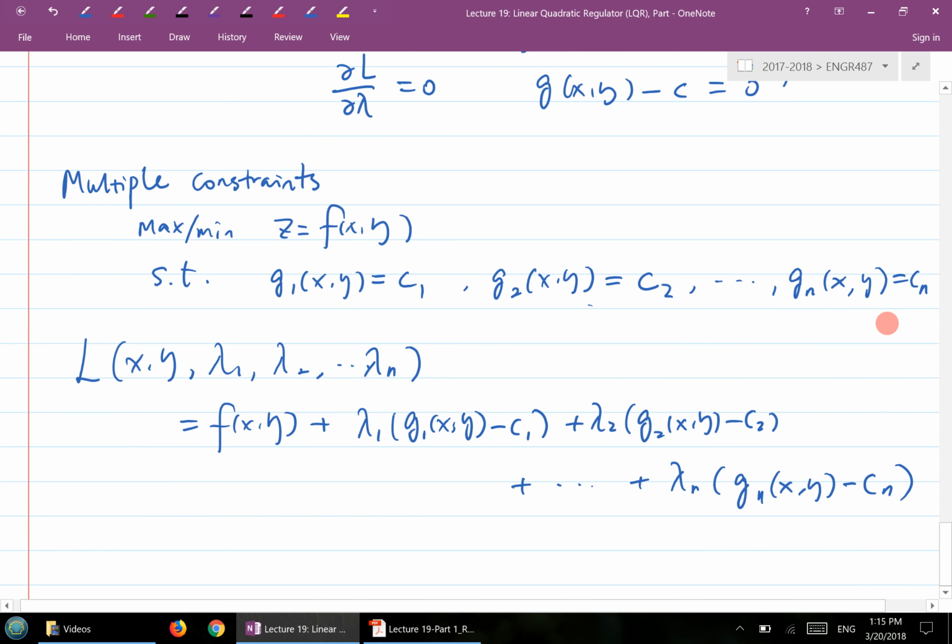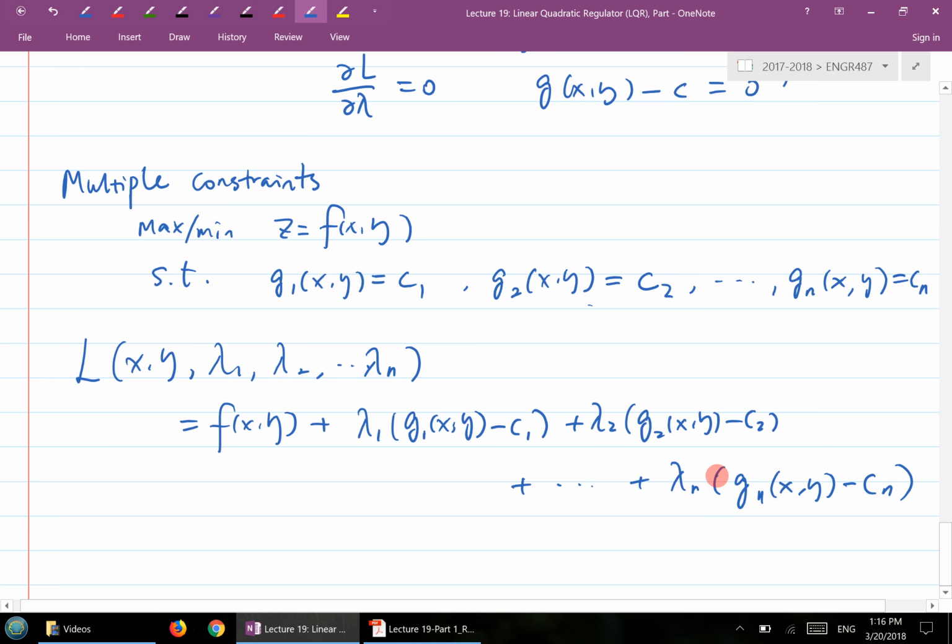That's the idea. You have n constraints, and we just have to introduce n Lagrange multipliers here. That's an easy extension, but of course it's much more computational.